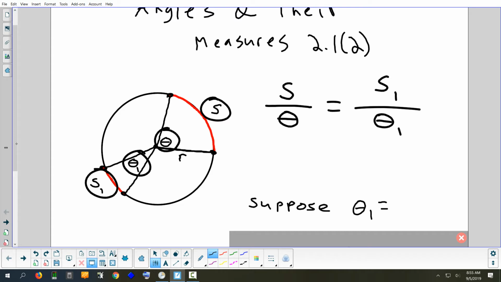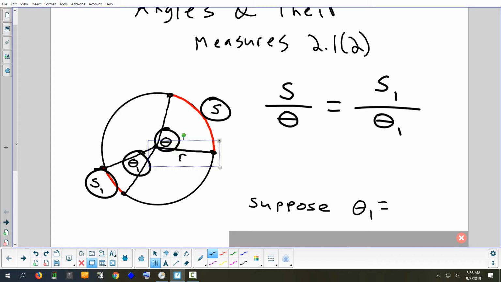Does anyone remember how big this angle has to be? And if you make the angle what I'm thinking, it automatically makes the size of the arc the same as the size of the radius. Has to be 90, right? We set it in radians yesterday. If you make this angle a certain size in radians, then this arc is automatically the same as the radius.